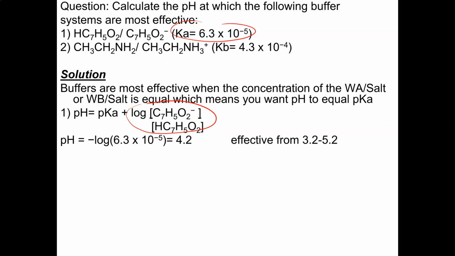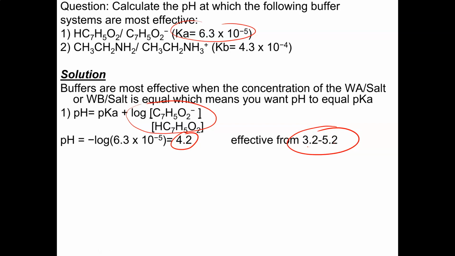I'm using Henderson-Hasselbalch to show you how the math works, but realistically, all you need to do is get the pKa. Just take the negative log of the Ka, and there's your number. That number represents the buffer's midpoint of effectiveness. So the range is plus or minus 1 of this number. Minus 1 is 3.2, plus 1 is 5.2. So this buffer is most effective between 3.2 and 5.2.